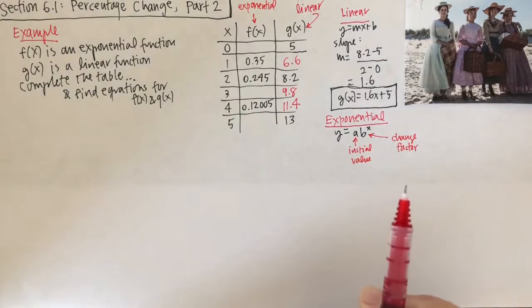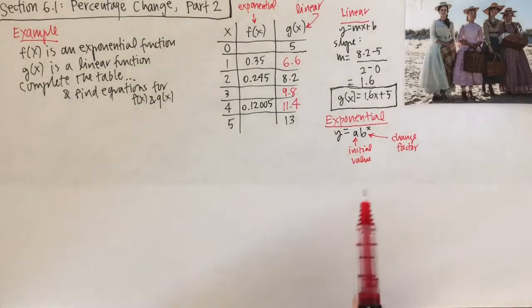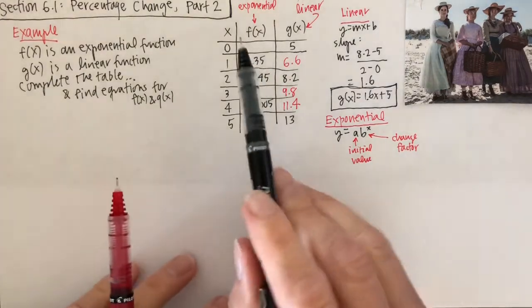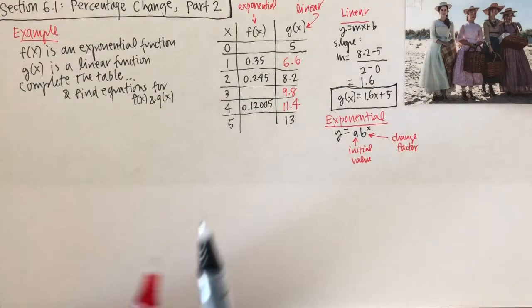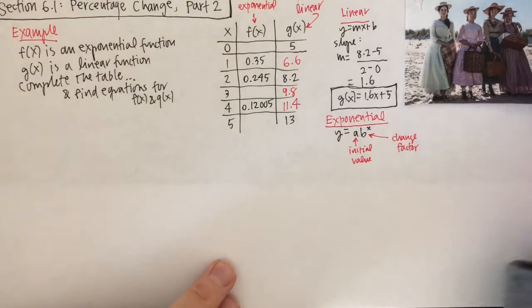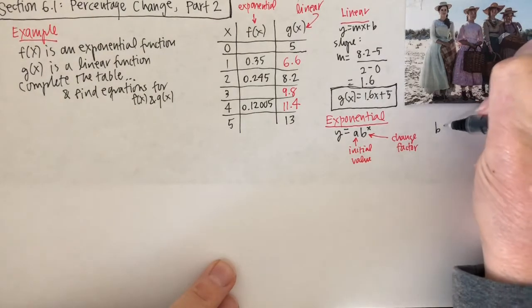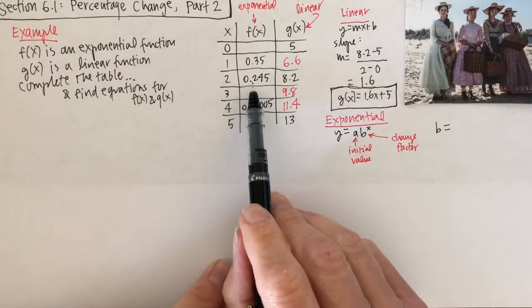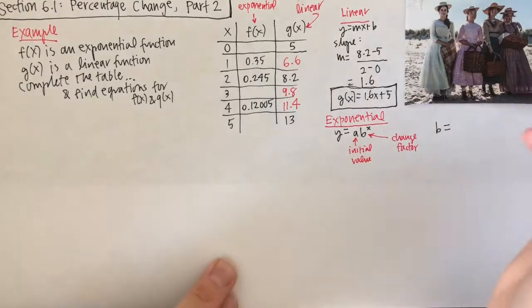That's the number you're multiplying by to get from one term to the next. And the x and the y just stay as variables. Okay, I don't know the initial value and I don't yet know the change factor, but we're going to find the change factor right now. The change factor is that b, and it will be this value, 0.245 over 0.35.